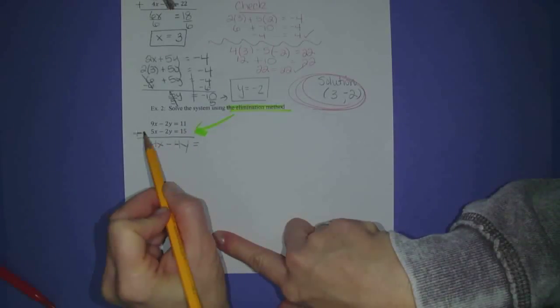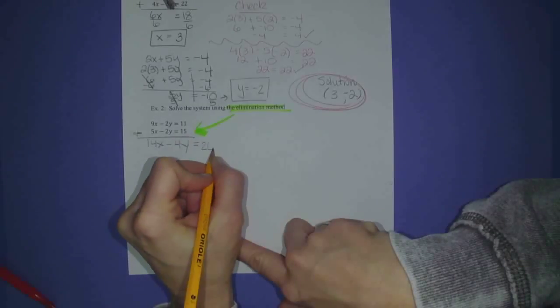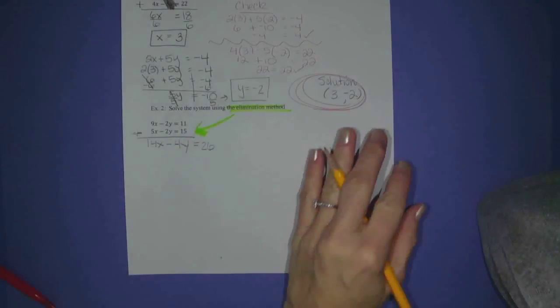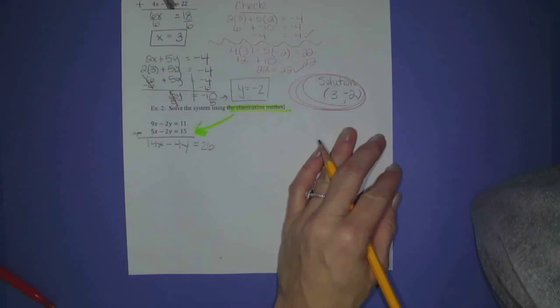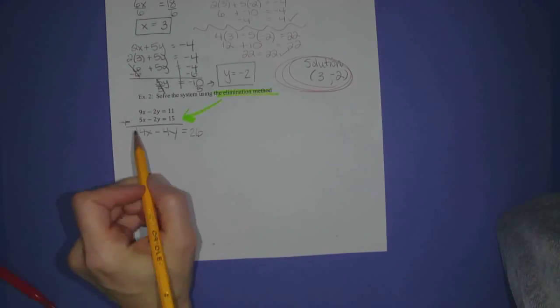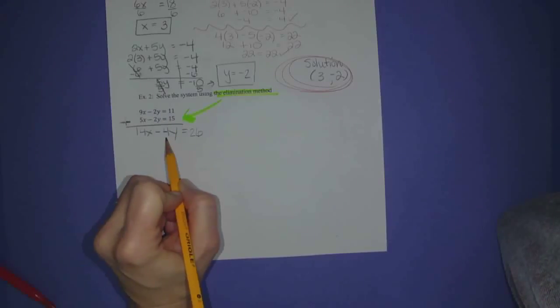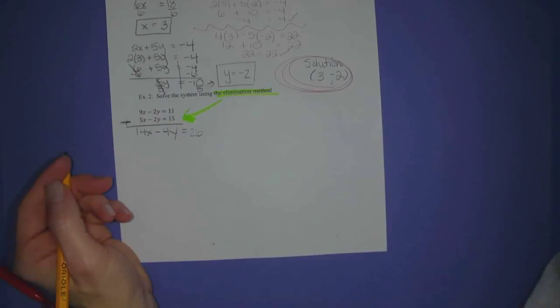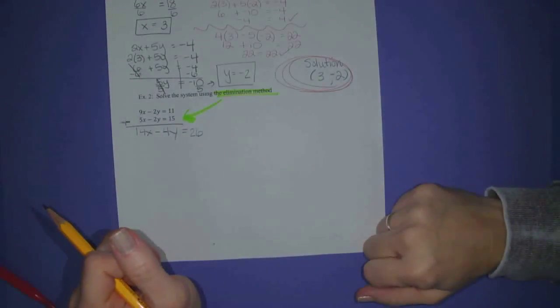And 11 plus 15 is 26. So I ask you, did anything eliminate? Did anything completely cross out, go away, like it did up in this first example? And the answer is no, it did not. We now have a 14x and a negative 4y. Nothing canceled out.